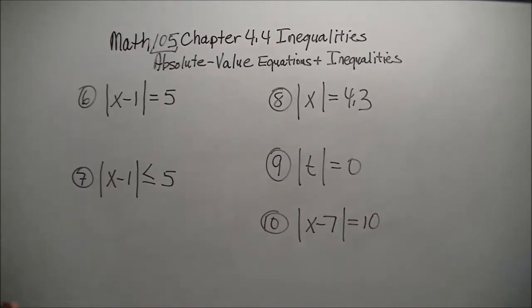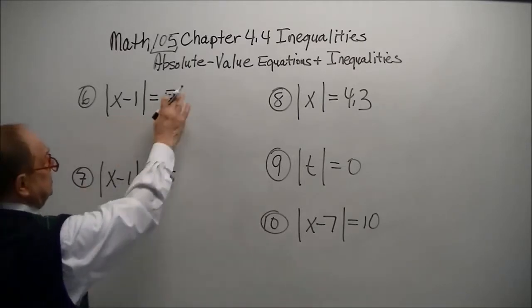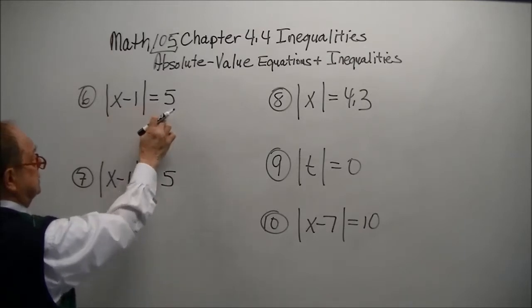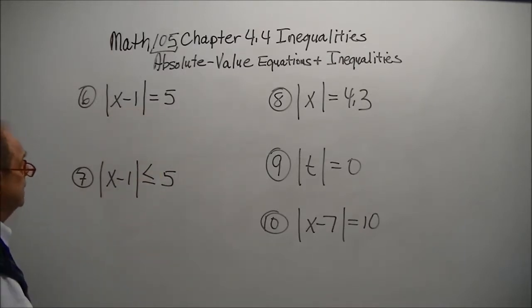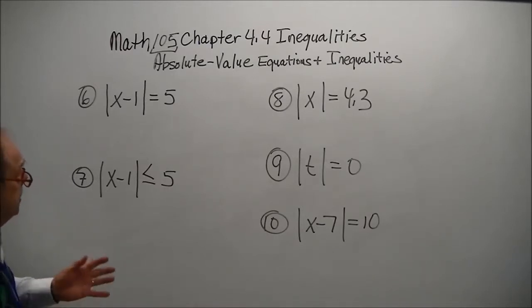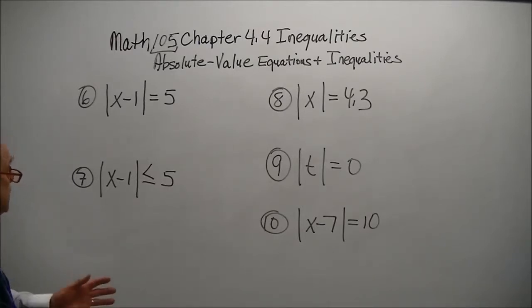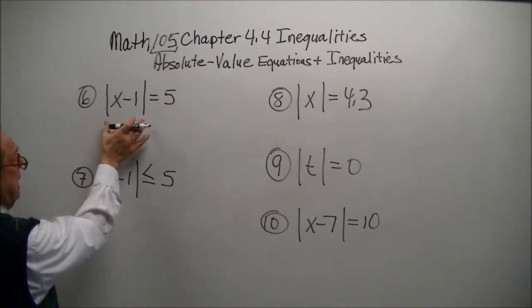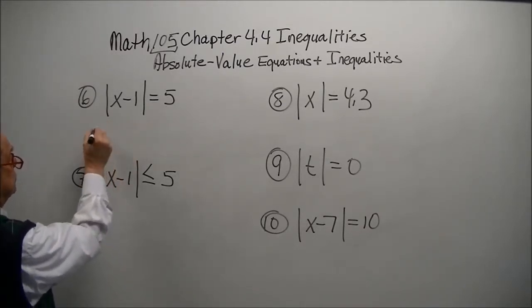Okay, this is a very typical example of an absolute value equation where you have an absolute value equals this. And my way of doing it, and again there may be other instructors that do it a little differently, I like to take away the absolute signs and just write it straight.